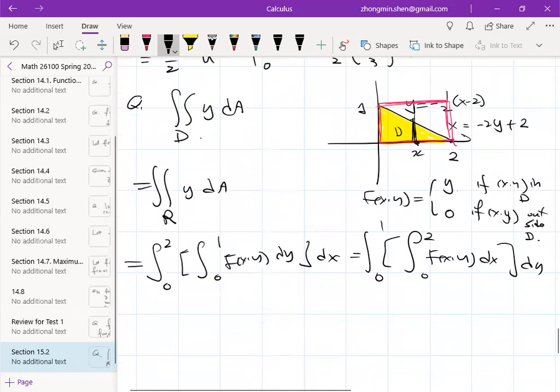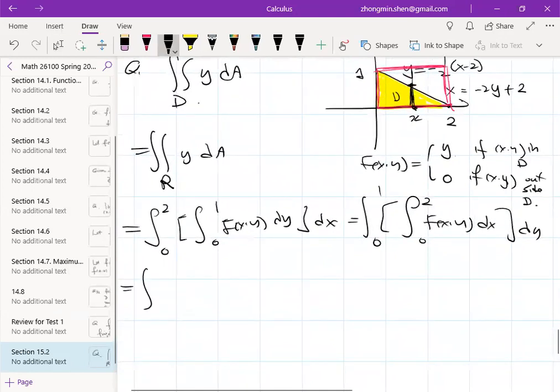Capital F will be 0 if y is greater than negative 1/2 of x minus 2. So this will be from 0, but the upper bound for the y value will be negative 1/2 x minus 2.